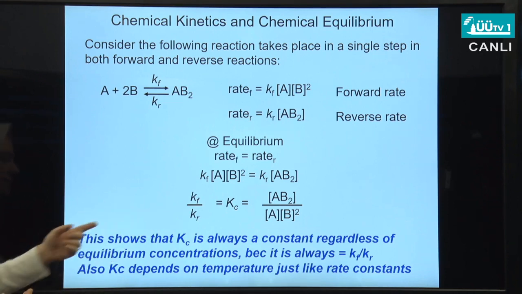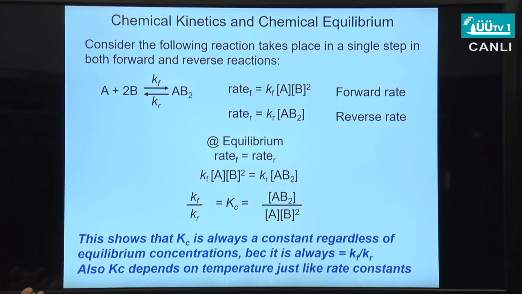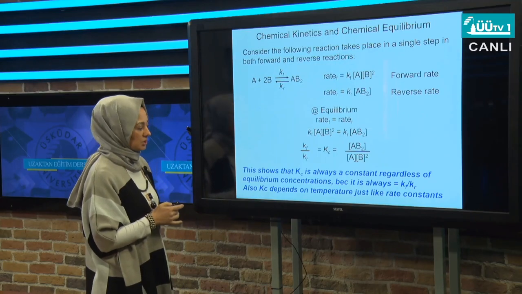So you can see that since these are constant, the value of equilibrium constant is also a constant regardless of the concentrations. So equilibrium concentrations can change, however, there is a single value of equilibrium constant at a certain temperature for a specific reaction.